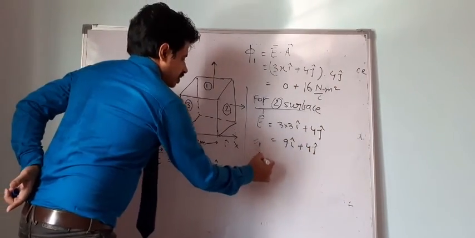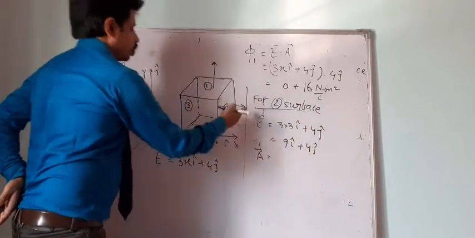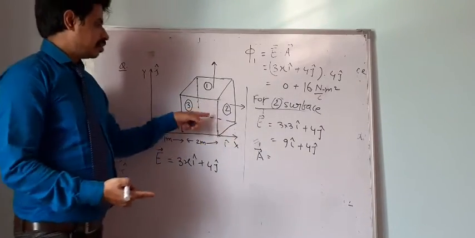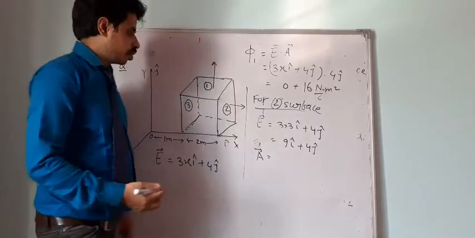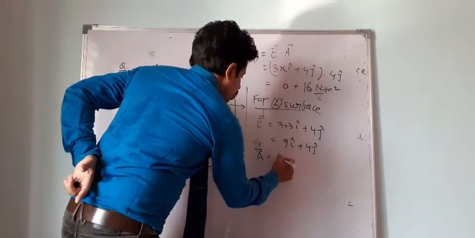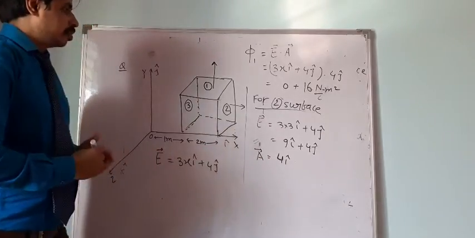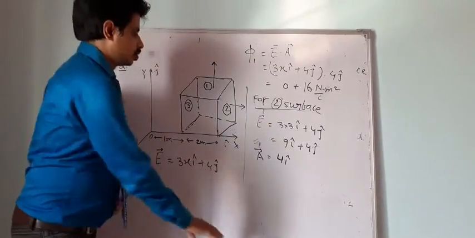And the area vector is the outward normal, so it is toward the I cap, and the magnitude of the surface area is 4. So 4 I cap. Again, we will simply take the dot product.